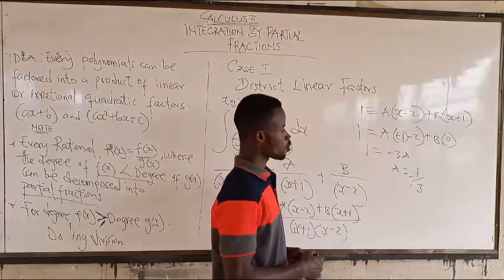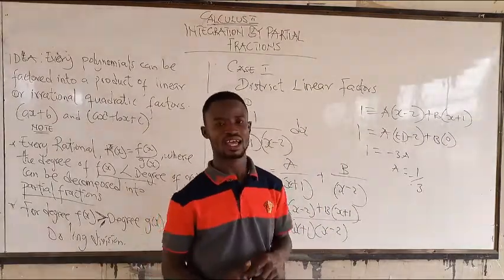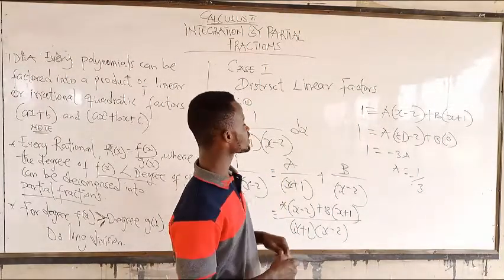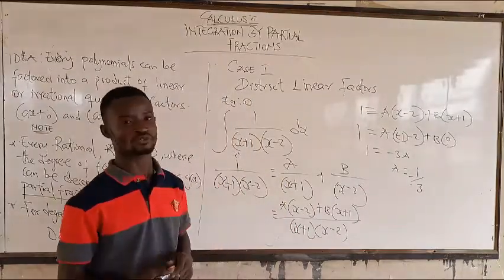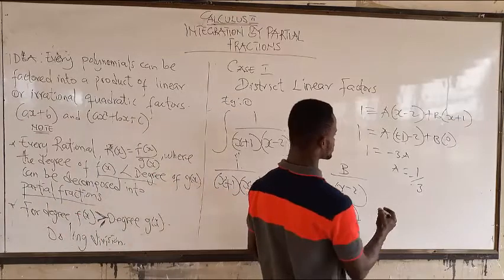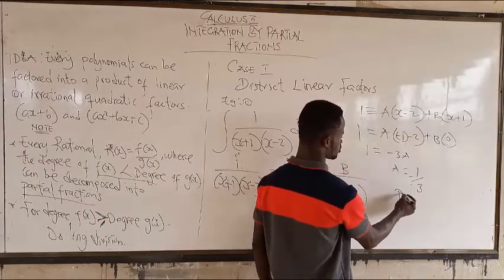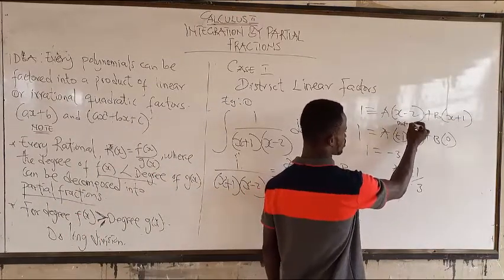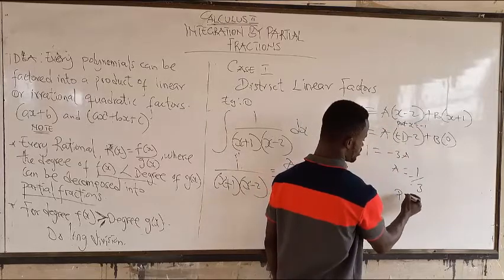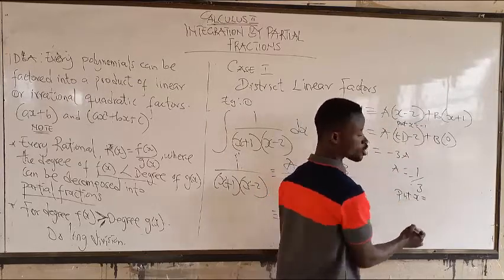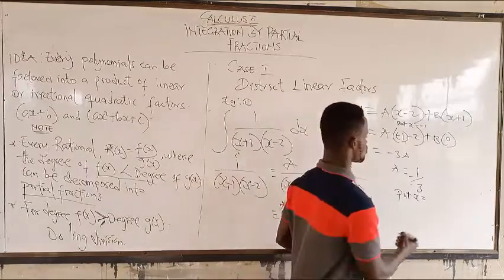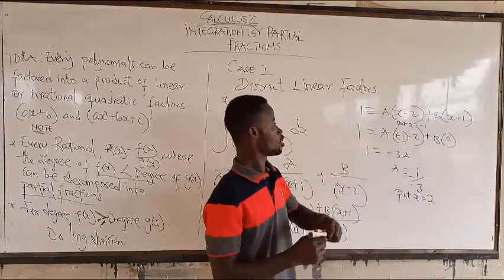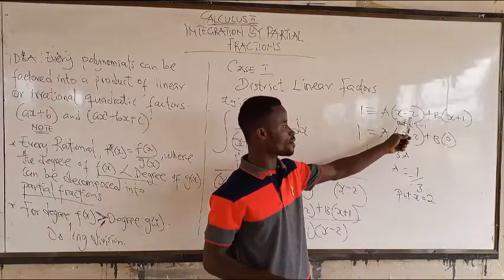Now for B, what will you replace S with that can get rid of A in order for you to find B? When we put S equal to 2, this will go, but here we're going to take 0.